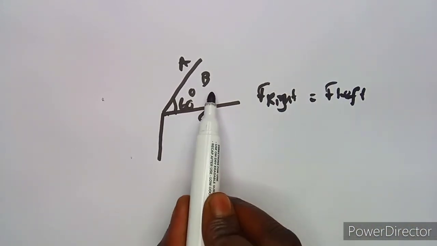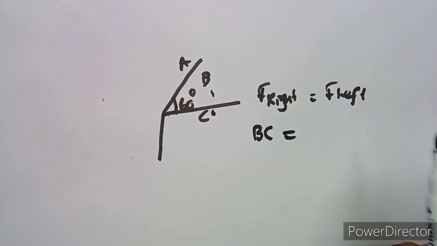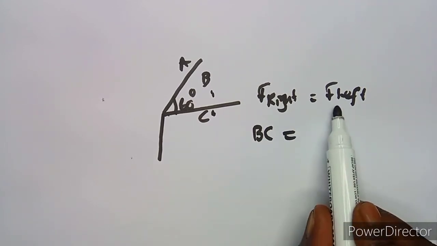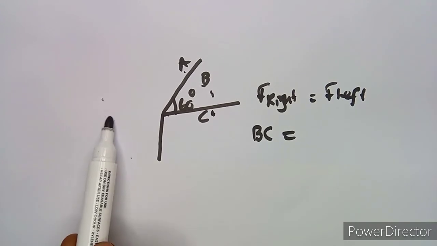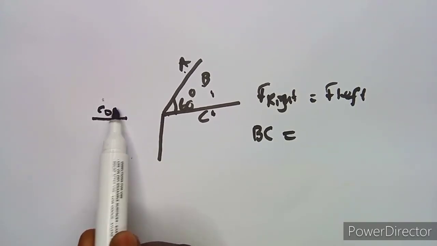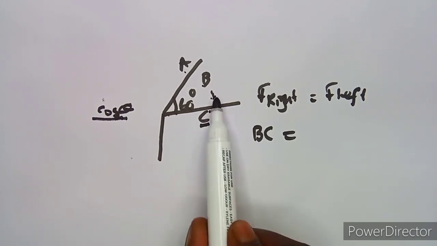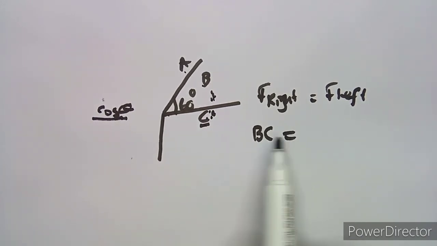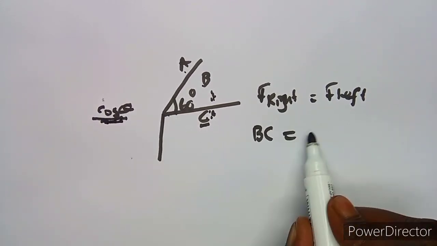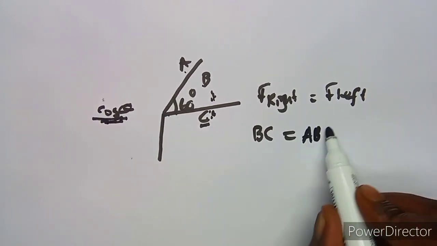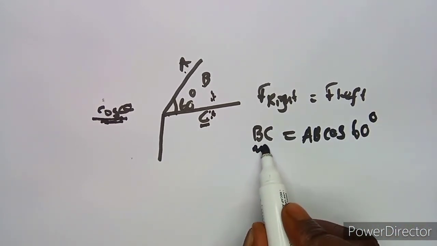So on the right, what we have is our BC. So BC is equal to, on the left, if we bring this AB to the horizontal, it is going to use cos theta. This is already C on the horizontal, so there's no need to use anything, it's just going to be BC. But this AB now to the horizontal is going to use cos, so it's going to be AB cos 60 degrees.